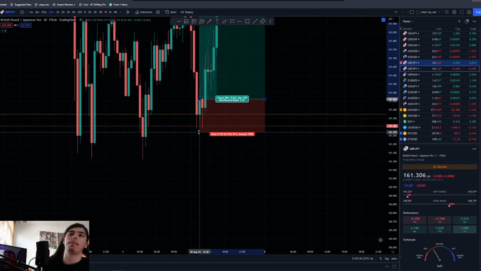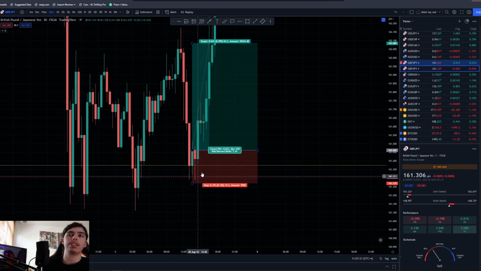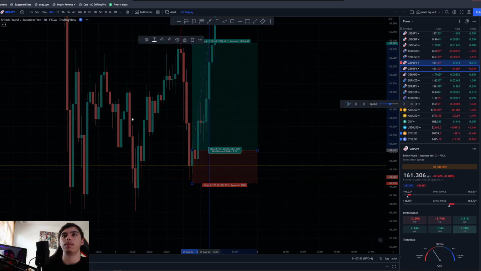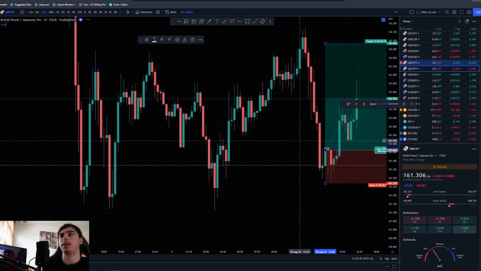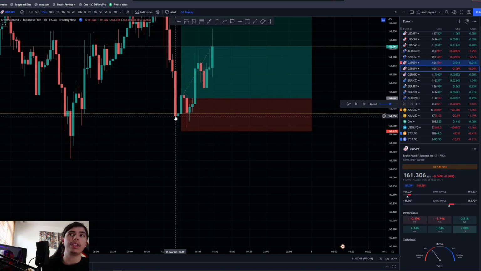So keeping it a pip below, to count for spread, the previous candle where we got the rejection is going to keep you safe, because anything in here you can have inconsistency. Now the lower time frame you go, the more inconsistency you're going to get. So if we were to rewind this and go to a 15-minute time frame, you can see exactly what happened. We came to the low, but we didn't close below.